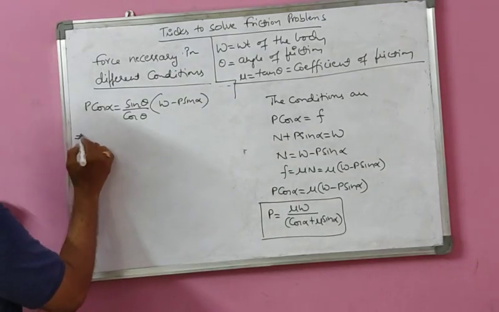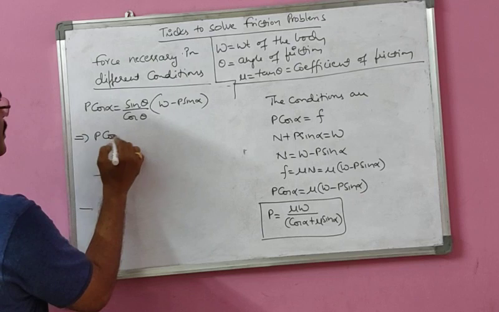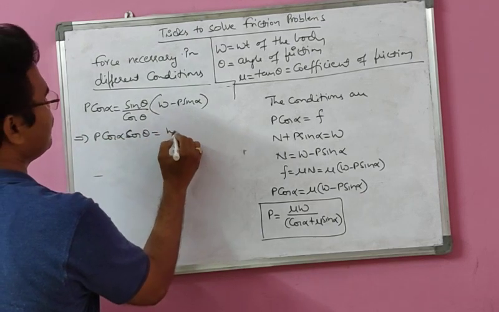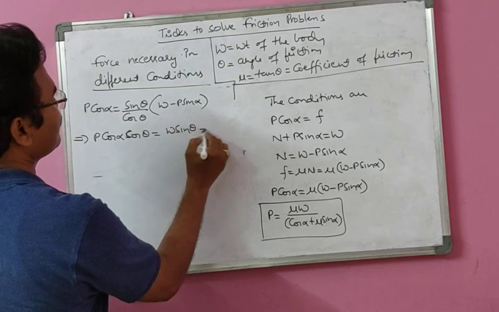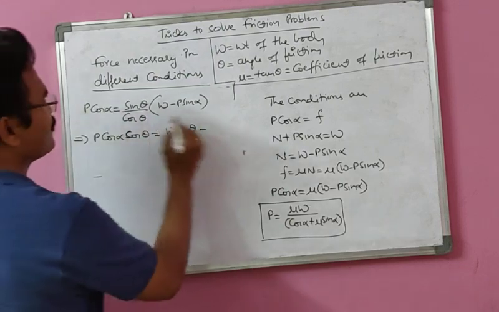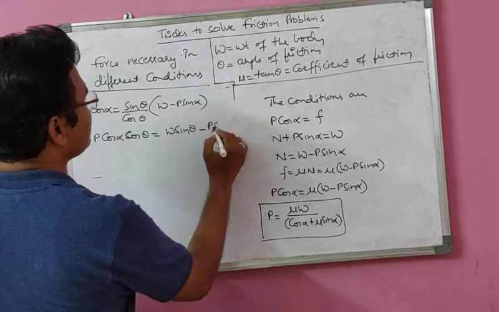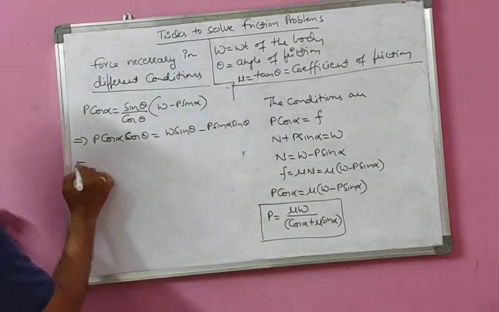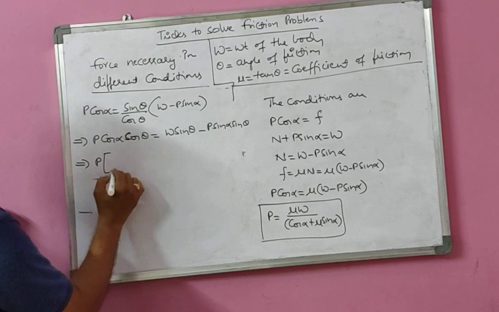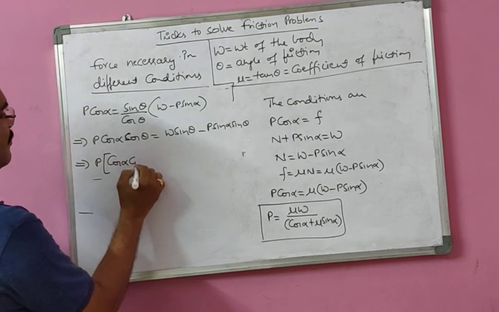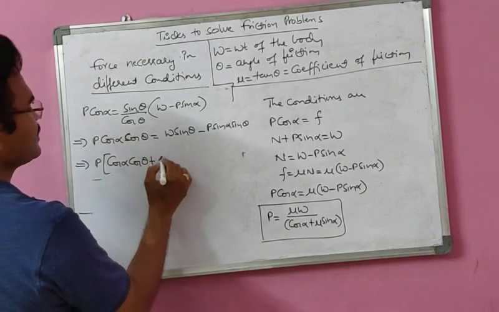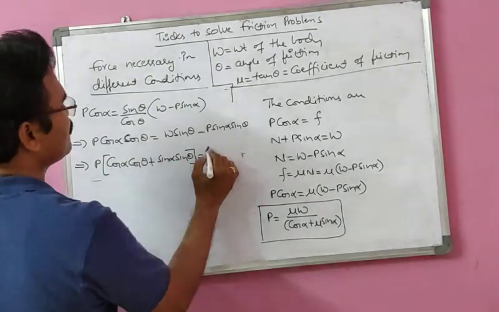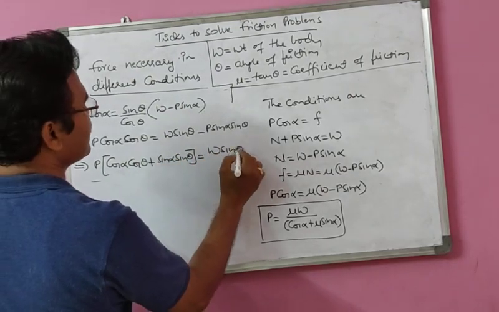Now cross multiply, you will get P cos alpha cos theta equals W sin theta minus P sin alpha sin theta. You can take this P this side, so P of (cos alpha cos theta plus sin alpha sin theta) is equal to W sin theta.